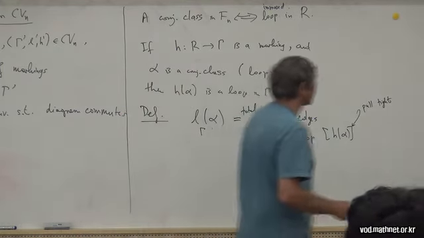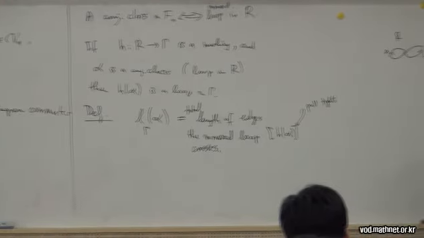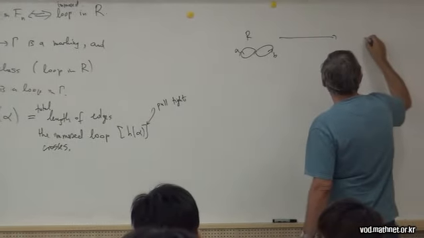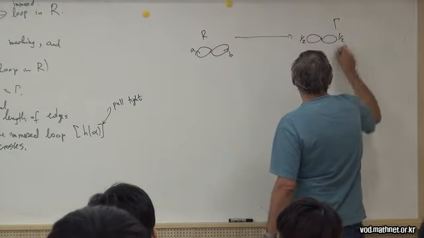Maybe just a quick example to make this clearer. So let's say I have in rank two my rows, and then I have a graph gamma, and maybe the lengths of the edges are 1/2 and 1/2.